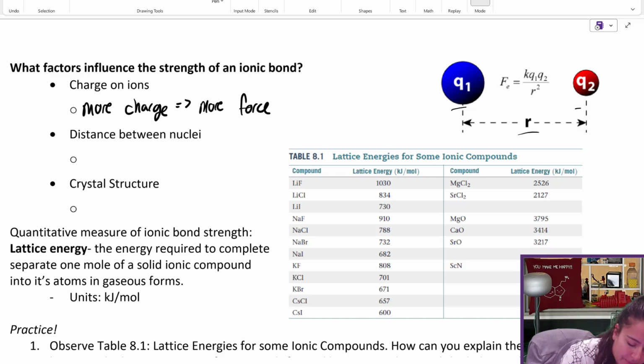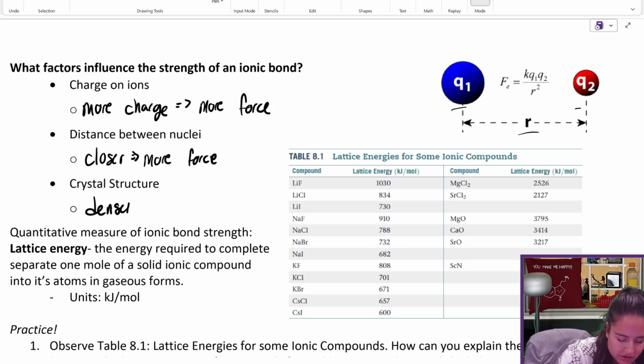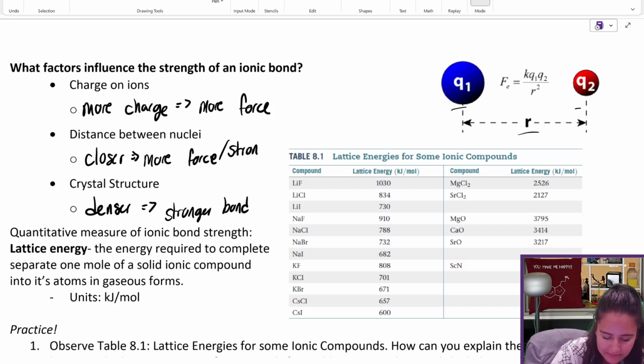Distance between nuclei: if you are closer, you have more force, because you have a lower radius. And same for the crystal structure. A denser crystal structure will typically mean a stronger bond. And by more force, what I mean there is a stronger bond.